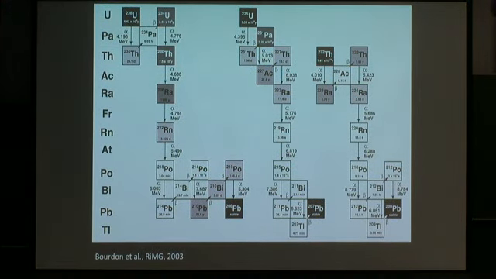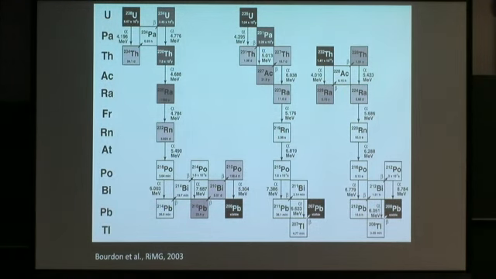So this is a plot which is similar, not identical, to the ones that Dan showed earlier. These are just the uranium series chains, starting over on the left, coming down in atomic number from uranium all the way down to lead.